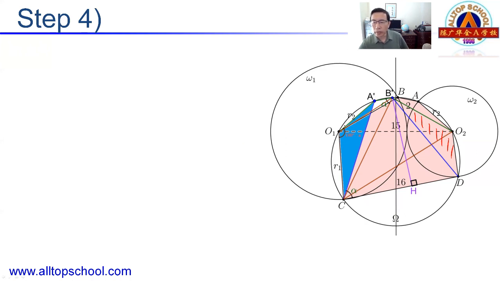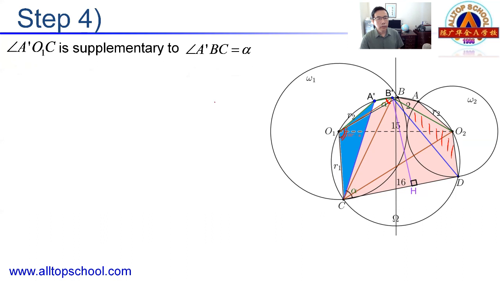But look at this quadrilateral O1, A prime, B prime, C. These two angles are opposite angles, they are supplementary. I already know cosine alpha, sine alpha for the opposite angle. Certainly I know this angle at the same time. So supplementary, we get 180 minus alpha.